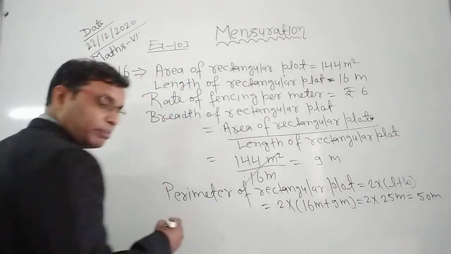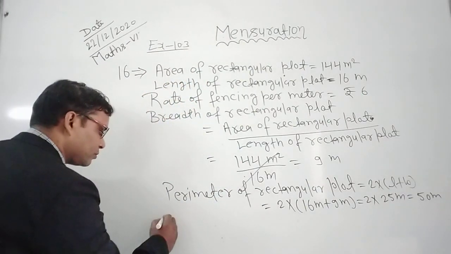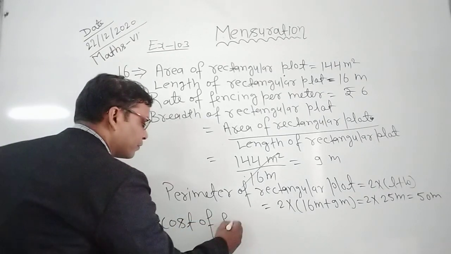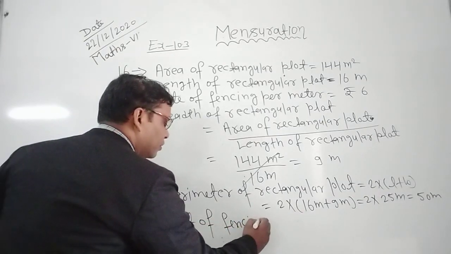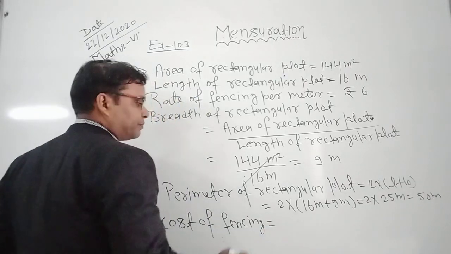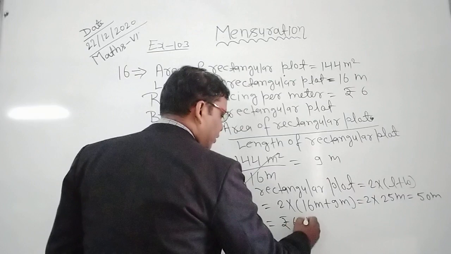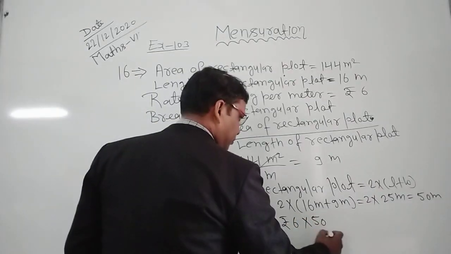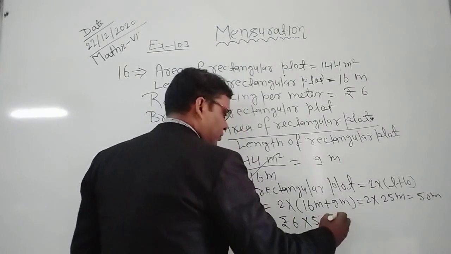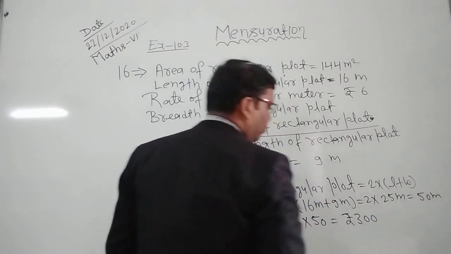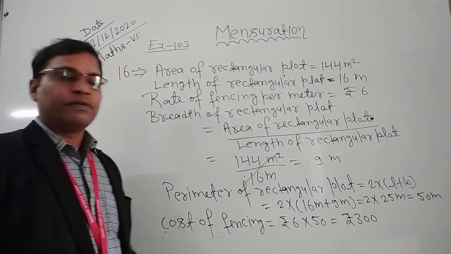Okay, so cost of fencing is equal to rupees 6 into 50. This is equal to 300 rupees is the cost of fencing.